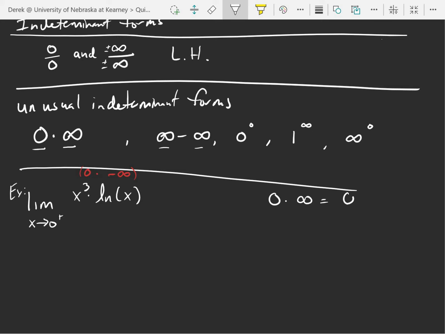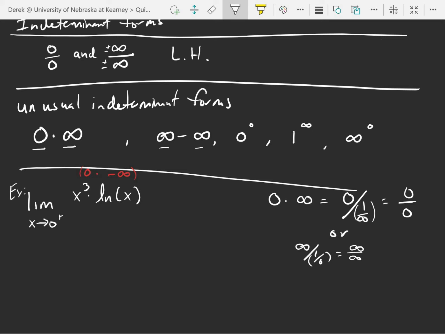I can take this as 0 divided by 1 over infinity, and that's 0 over 0. Or I can put it into infinity over infinity form by taking infinity times 1 divided by 1 over 0, and that equals my infinity over infinity form.